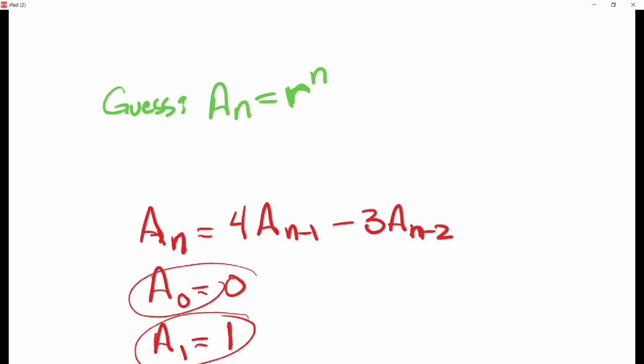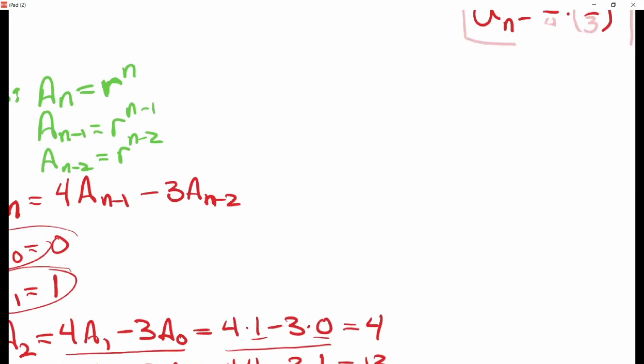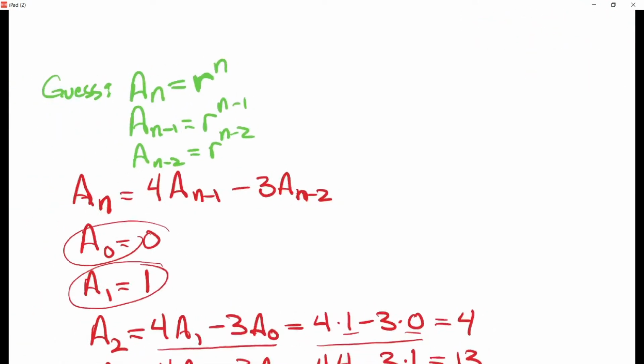You've got an additional term here, but it's similar. So we're going to use this as our guess and stick it in here. A sub n minus 1 is r to the n minus 1, and a sub n minus 2 is r to the n minus 2.